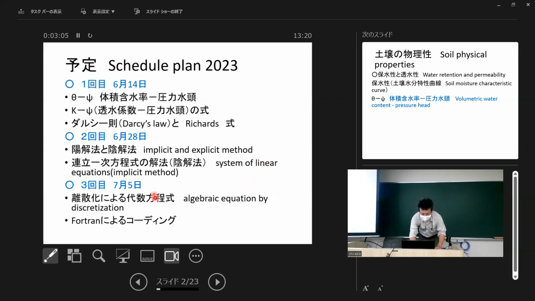And the third class time, on July 5th, is about changing differential equations into algebraic equations, and concretely how to code that in Fortran. The third class time is July 5th, and we would like to learn about Fortran coding, some discretization, and numerical simulation, infiltration simulation by Fortran.